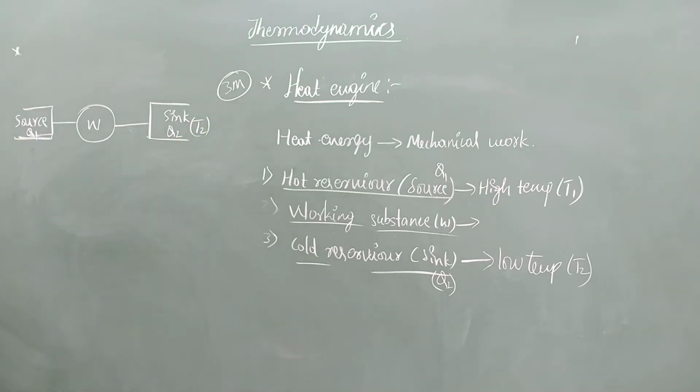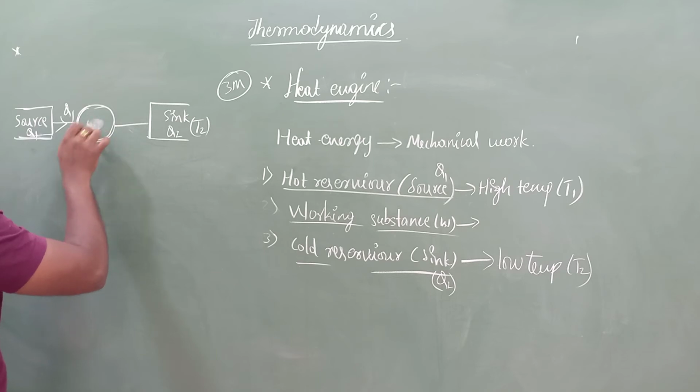Now, how does it work? We are going to send some amount of heat, that is Q1, to the source. Then this Q1 amount of heat will be given to the working substance.